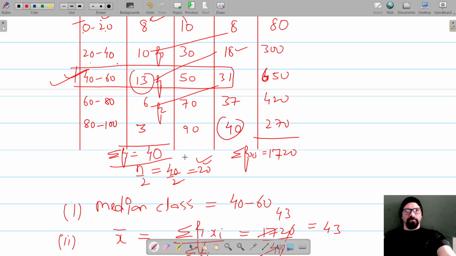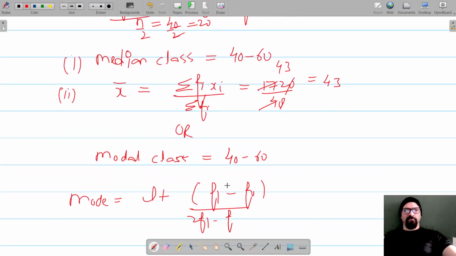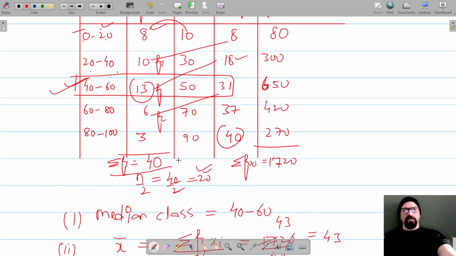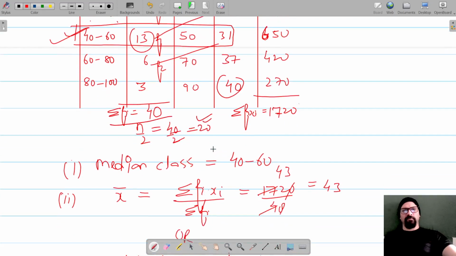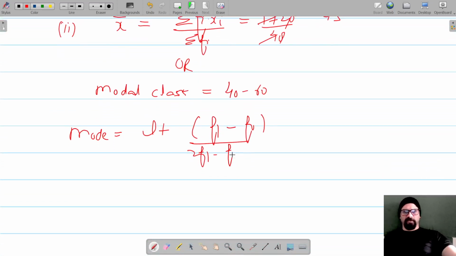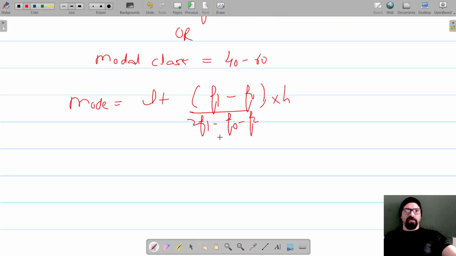So the formula is f1 minus f naught upon 2f1 minus f naught minus f2, into h, where h is the class size.